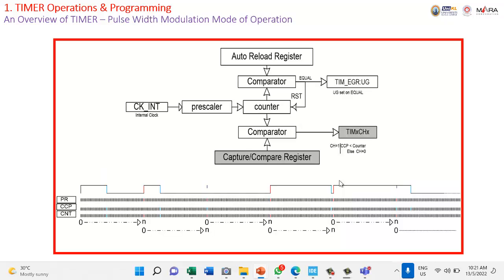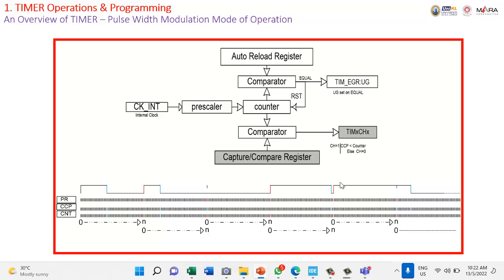The next one is pulse width modulation. In pulse width modulation, we have the auto reload register and the capture compare register. In this case we also use the internal clock, because we need a fixed interval clock.